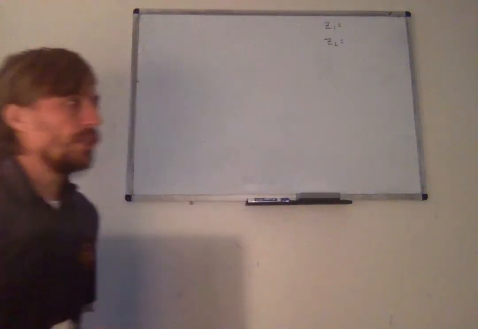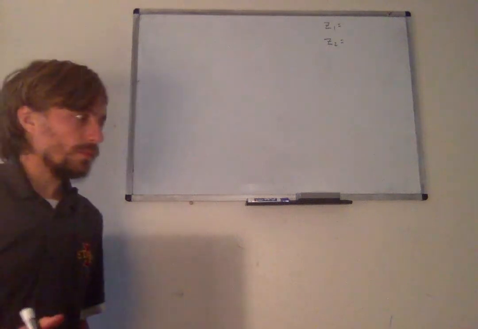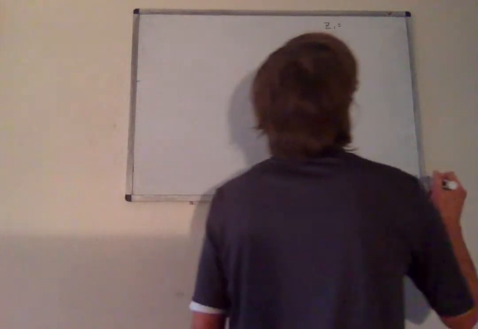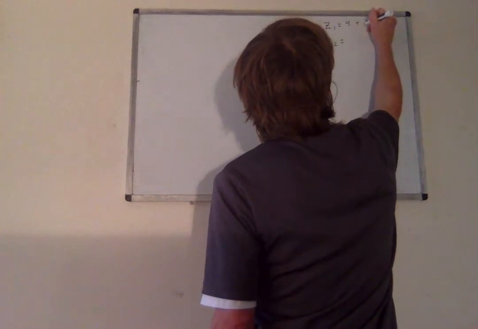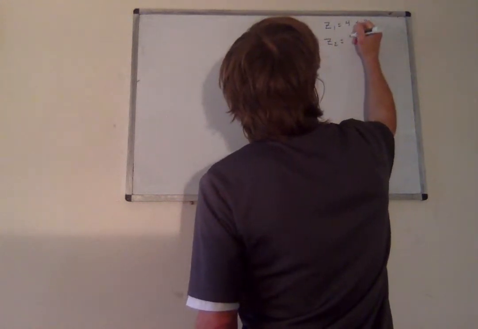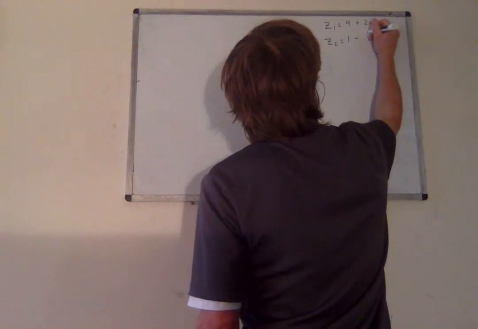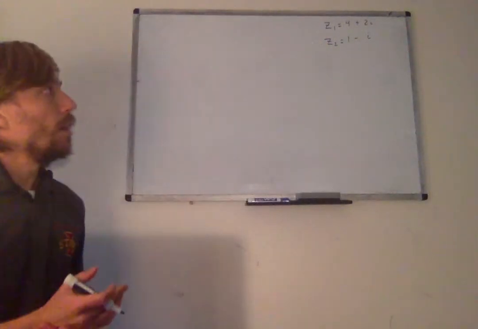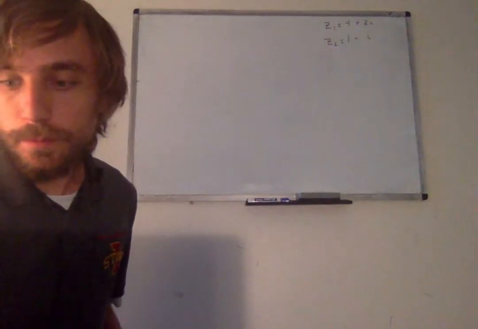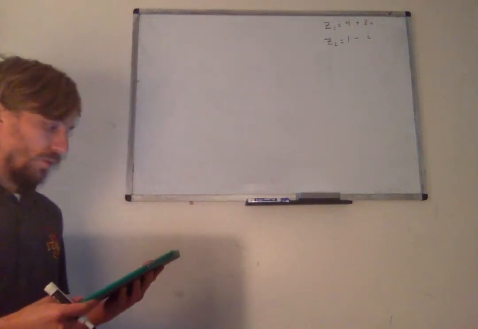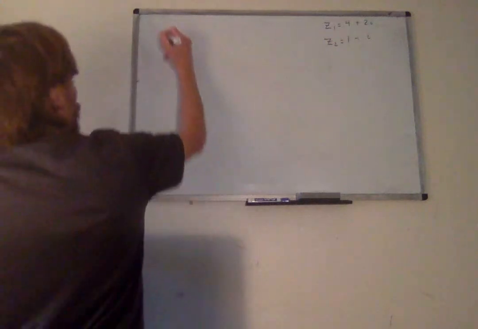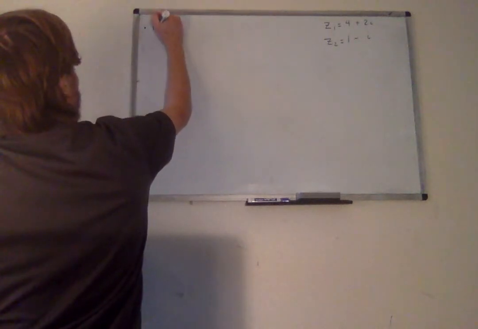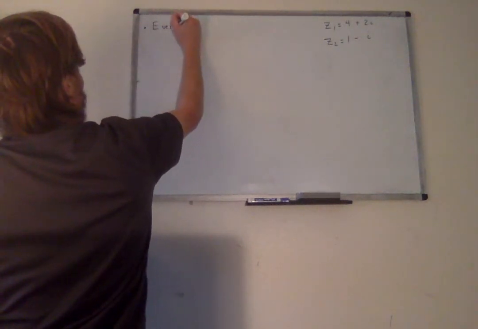We'll call them z1 and z2. And maybe I will let z1 equal 4 plus 2i, and z2 can be 1 minus i. All right. So we can express every complex number like this in the following way.